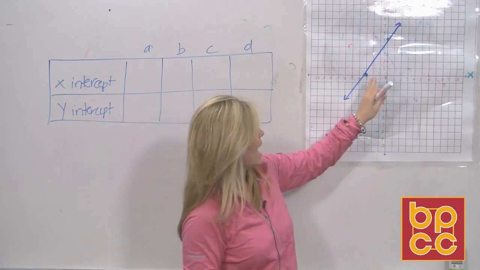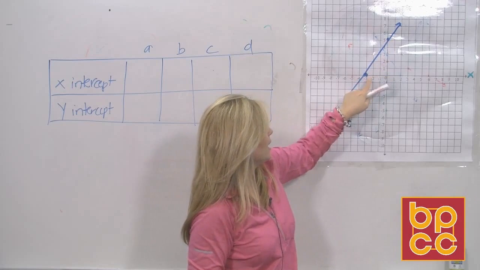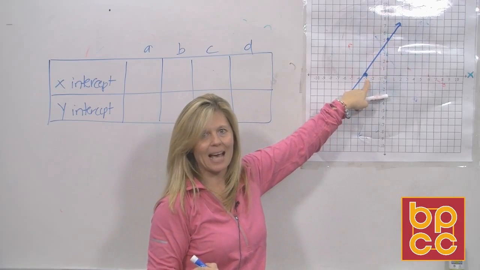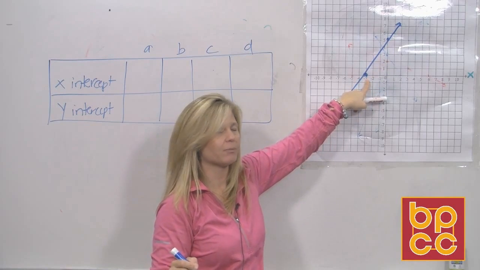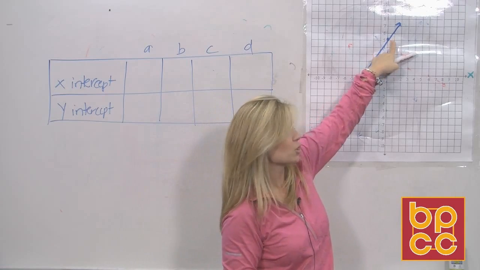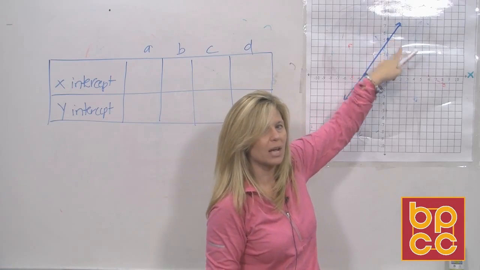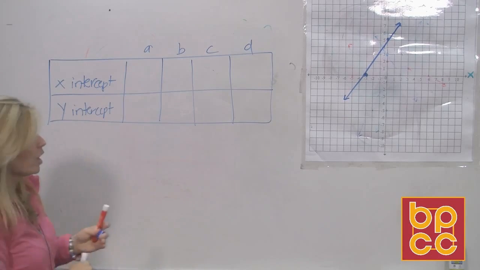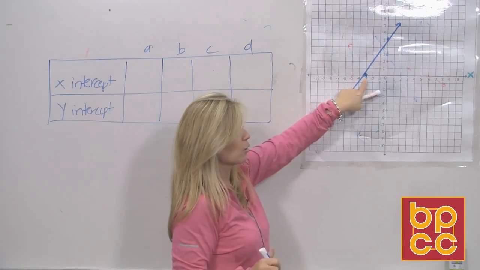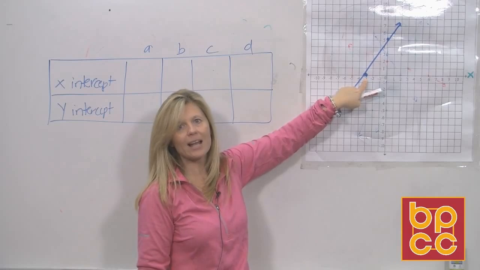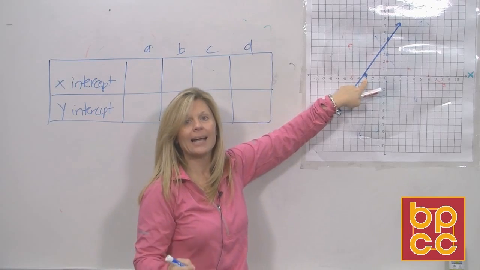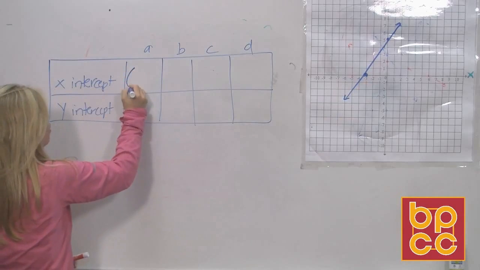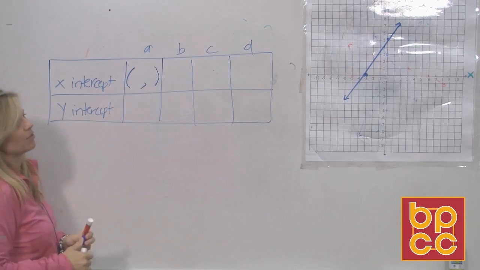These 2 points have names. If this point touches the x-axis, it's called the x-intercept. If this point touches the y-axis, it's called the y-intercept. So on your chart, on your notes, we're going to fill it in. I want to know where this x-intercept is located. If you just write -3, I have to mark you wrong. It's a point. Every point has an x value and a y value and goes in parentheses.